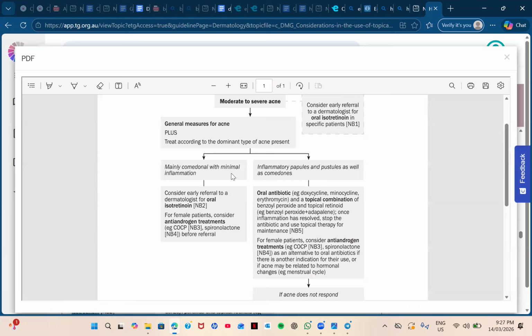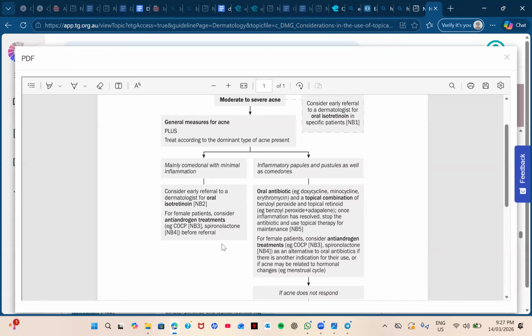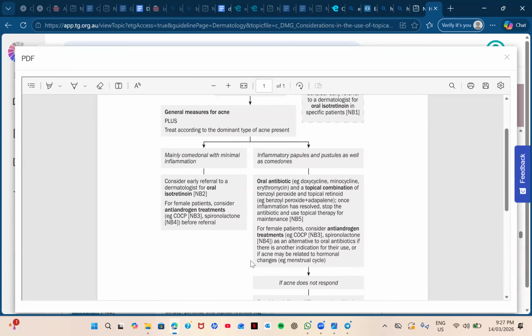In the previous chart they also mentioned this is not adequate, and if the patient presents with a moderate to severe case, we have to give oral treatment, right? Here you can give oral isotretinoin. For a female patient, consider anti-androgenic treatment, spironolactone, like that.